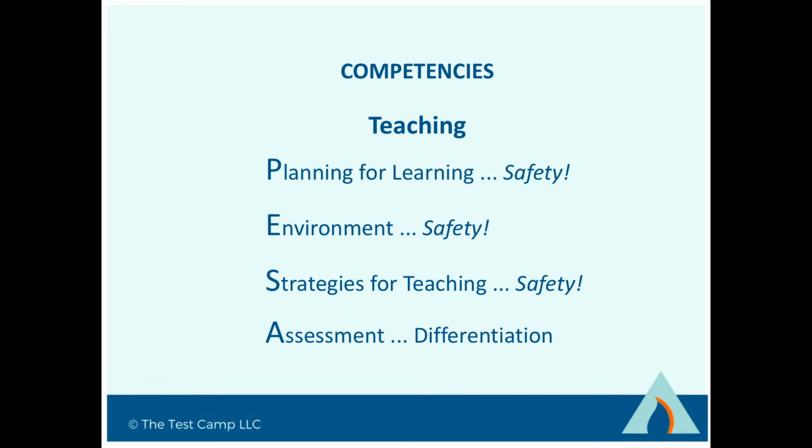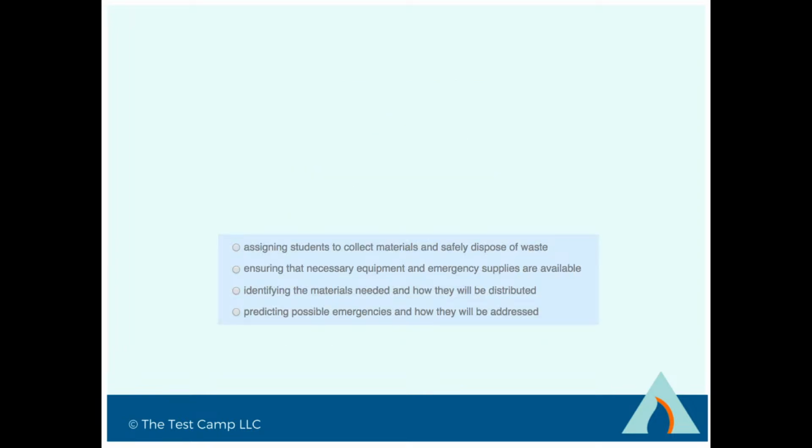Okay, so these might become more clear if we look at some sample questions. All right, starting with the answer set. Predicting emergencies. Oops, let me back up here. Predicting emergencies. Identifying materials. Ensuring equipment's there. Assigning students. I don't know that that's ever a good idea. Let's look at what do you think this is?